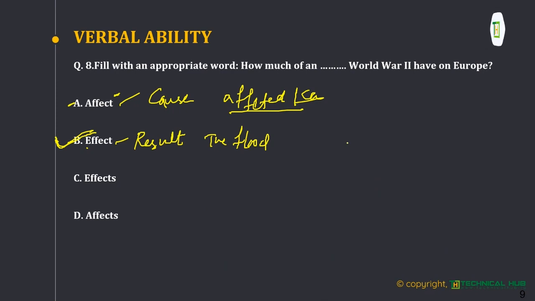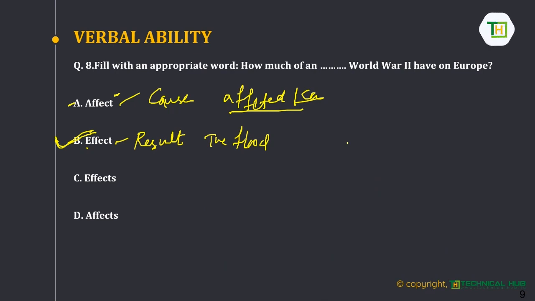Look here: "Here dash the two famous stars from the movie." We are talking about two famous stars, meaning more than one, so it is a plural subject. So we use the plural verb.